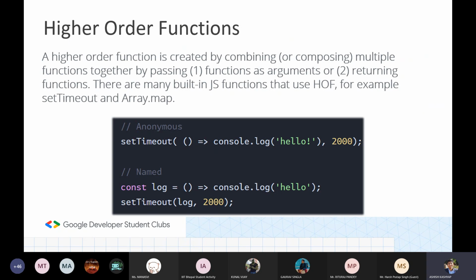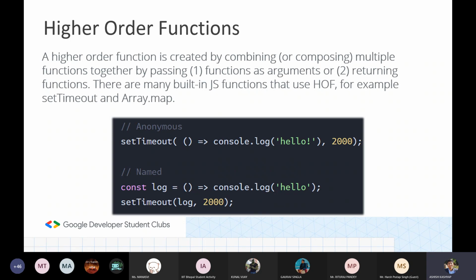Next we have higher order functions as well. Higher order functions are basically functions taking functions as arguments, or we could say functions inside functions. Using higher order functions, we can return functions from inside a function, right? A pretty useful and popular example is setTimeout and array.map.